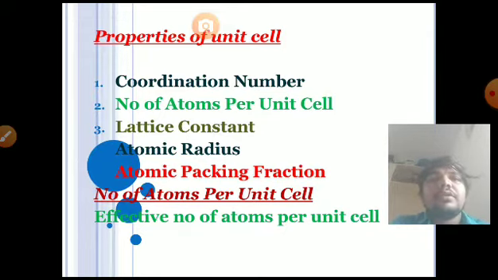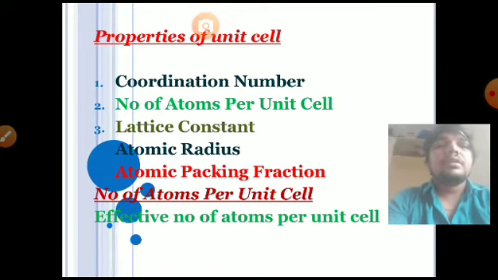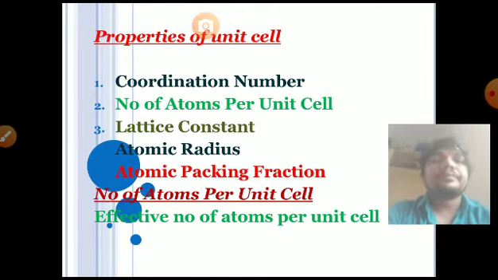The properties are: coordination number, number of atoms per unit cell, lattice constant, atomic radius, atomic packing fraction, and effective number of atoms per unit cell.